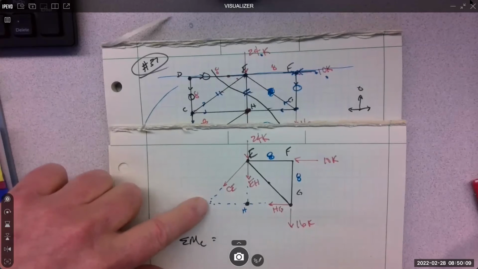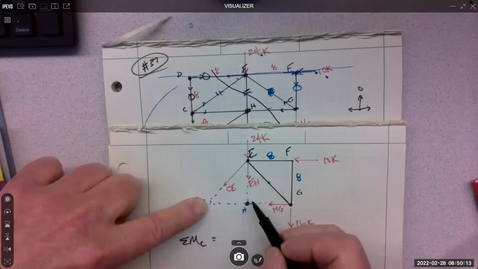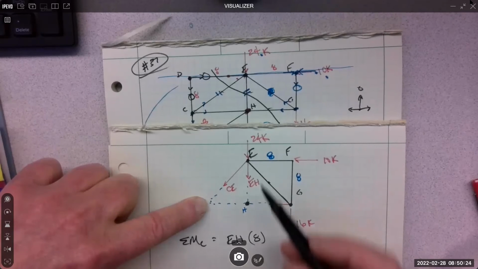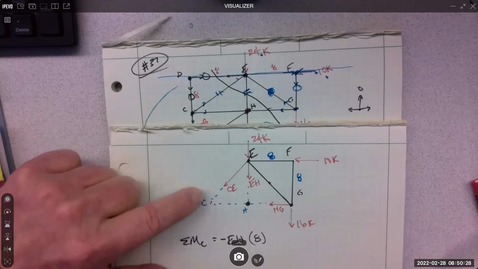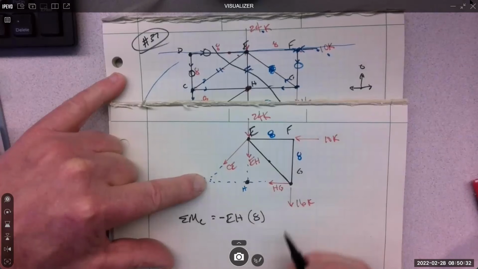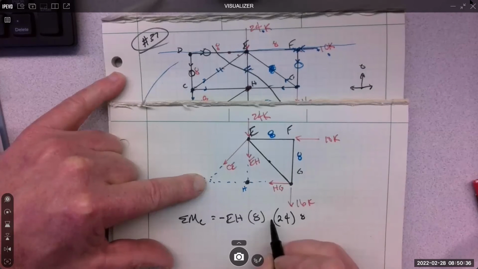All right, moments at C. EH times 8. Rotation, because I drew it down, rotation is negative. What else creates moment at C? 24. That's also times 8 and negative.